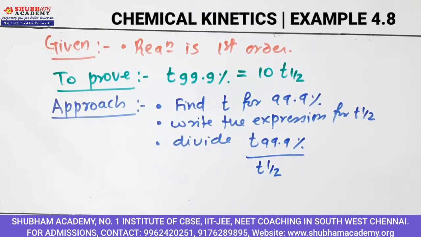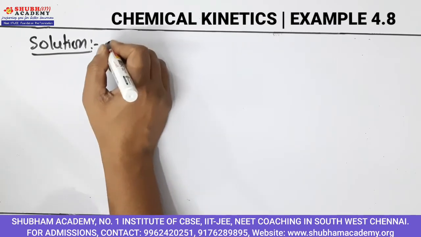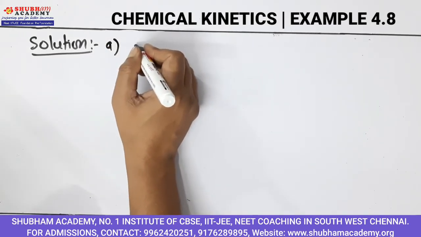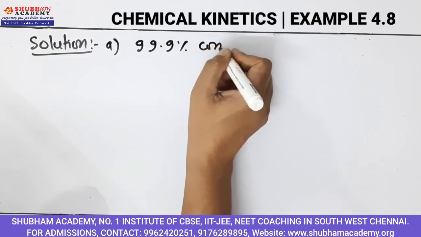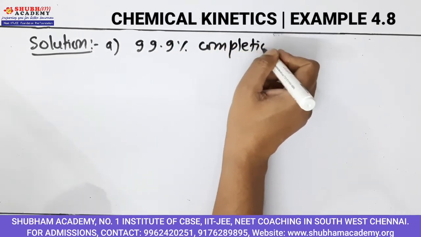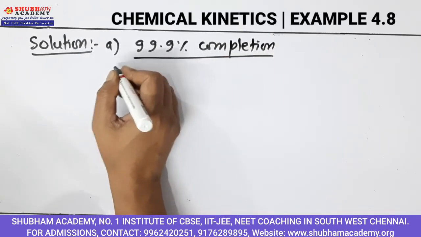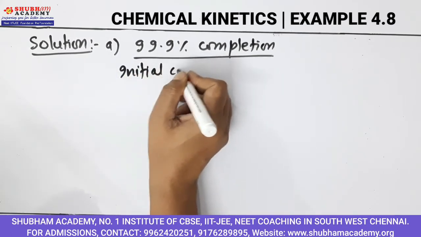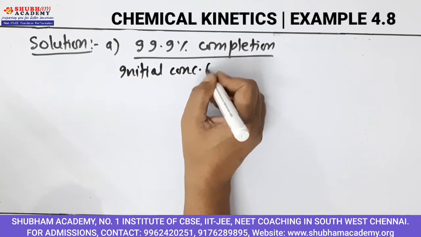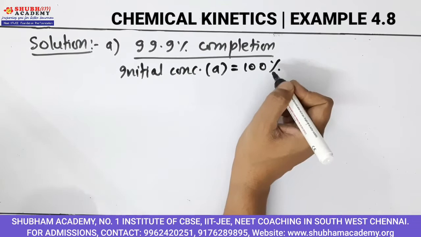Now let us solve the question. Now see the solution part. First we will see the time required for 99.9% completion. Okay. So here the initial concentration, that is A, is 100%.